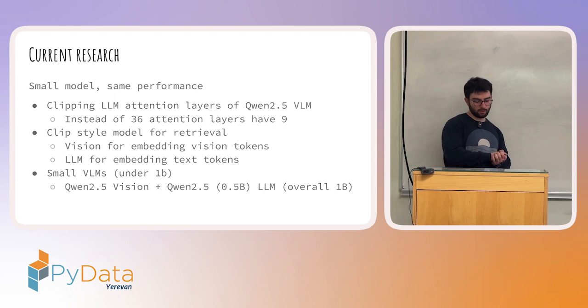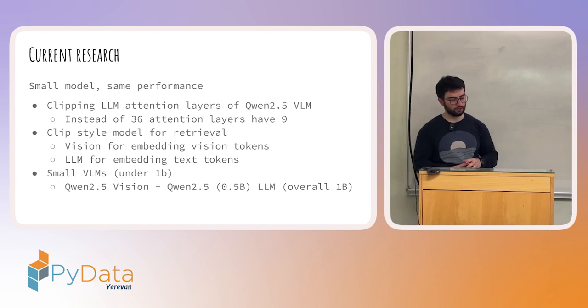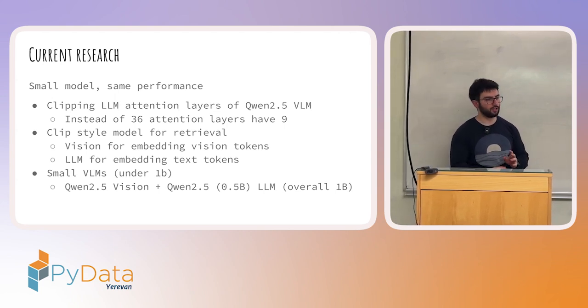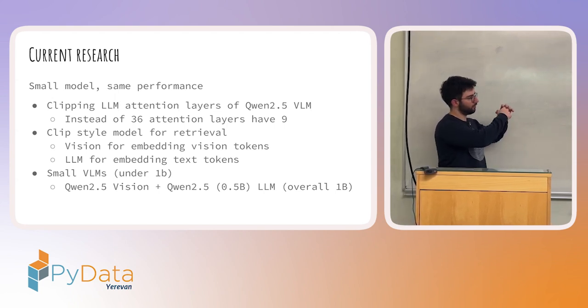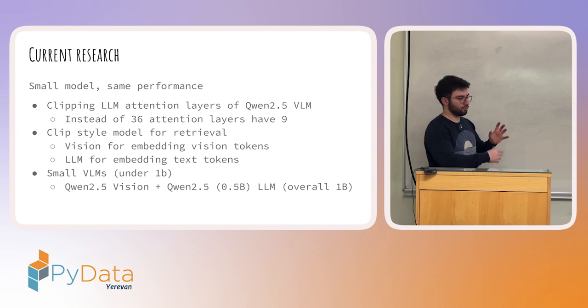The other idea is to do CLIP-style model retrieval training. For usual VLMs, the tokens from the vision part go to the LLM. So why do we need to give vision tokens to the LLM? Because we have the vision encoder, maybe it's enough.